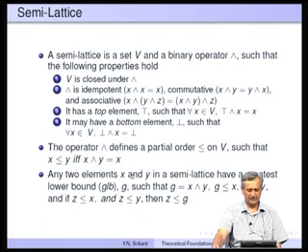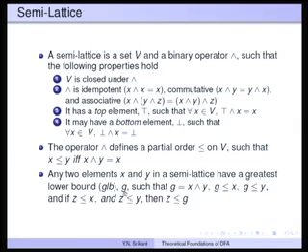Any two elements x and y in a semi-lattice have a greatest lower bound, GLB. What is the definition of G? G equals x meet y, G is less than or equal to x, and G is less than or equal to y.